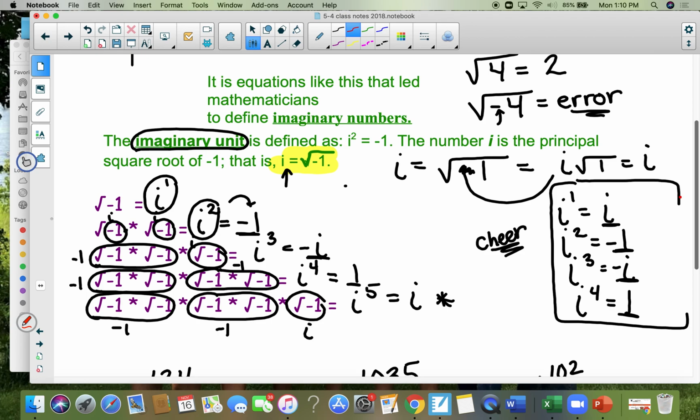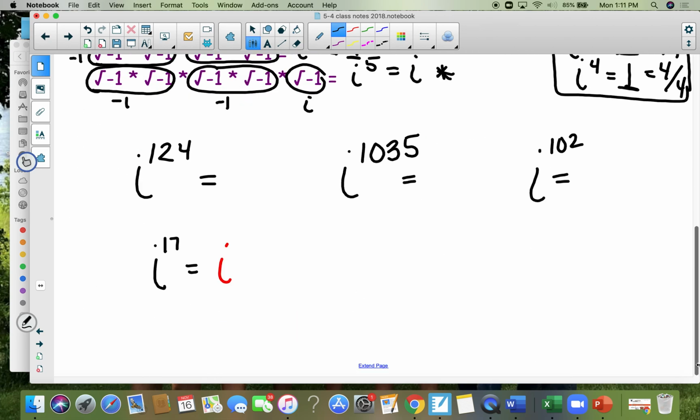You know that this chart, there's 4 of them. This is the first one out of 4. This is the second one out of 4. This is the third one out of 4. And this one's the fourth one out of 4. So that's what you have to remember. So how did I do i to the 17th without counting?